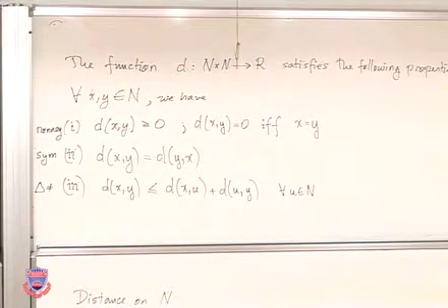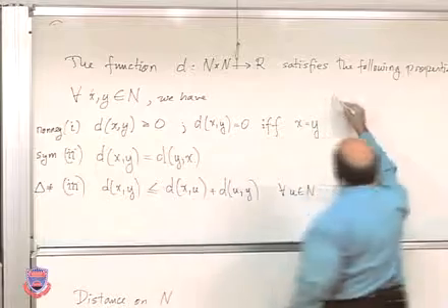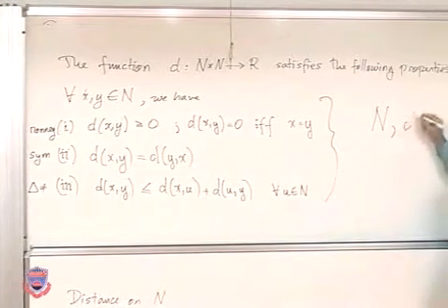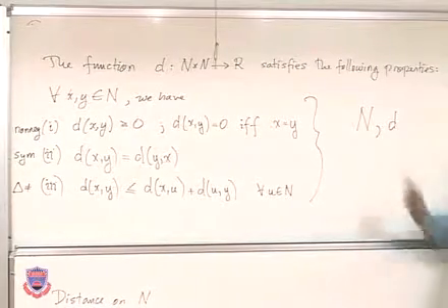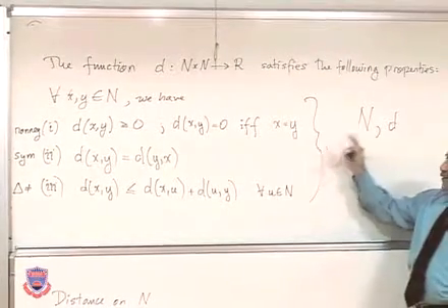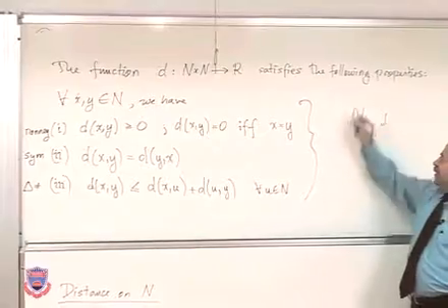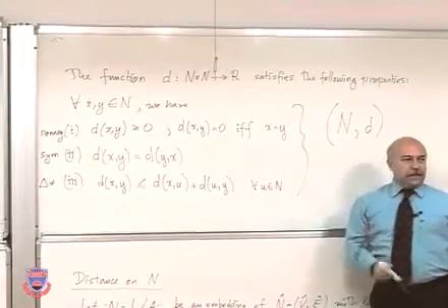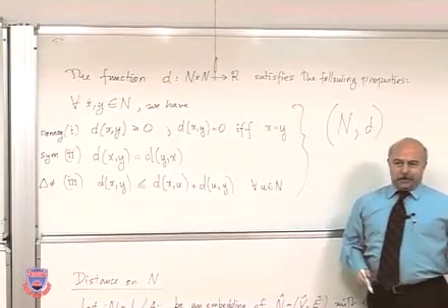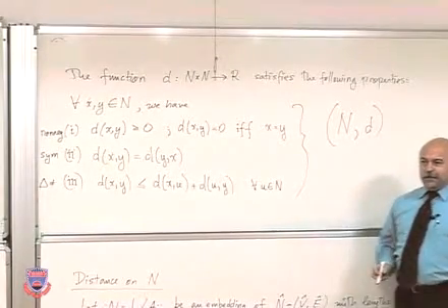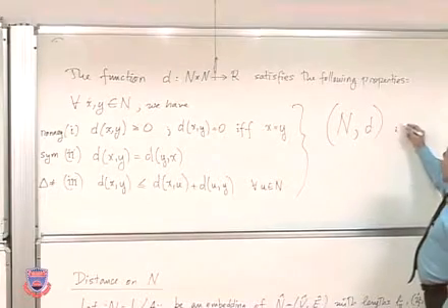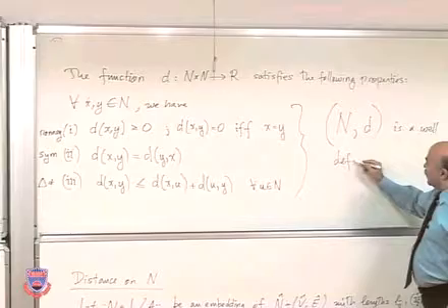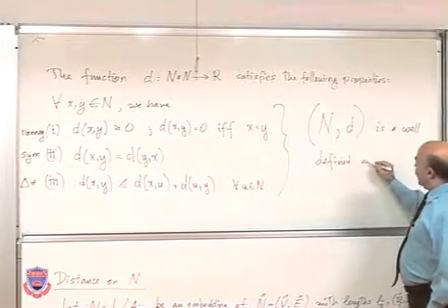Now it turns out that if you have a set N together with a function d defined on pairs of points of the set N, then as long as d satisfies these axioms or properties, it's called a metric space. That's an important definition in mathematics, okay? So this is a well-defined metric space.